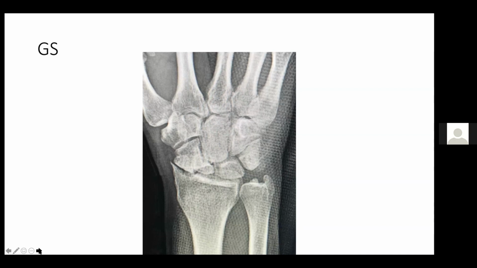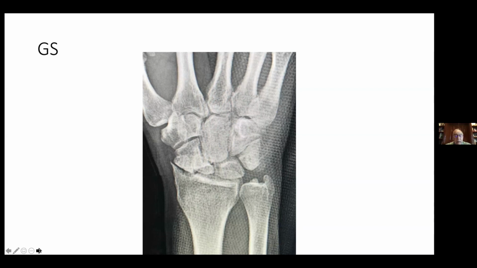So this is an AP of a wrist. It looks like there is a prior non-union of a scaphoid fracture with associated radial styloid arthritis. That's pretty much it.